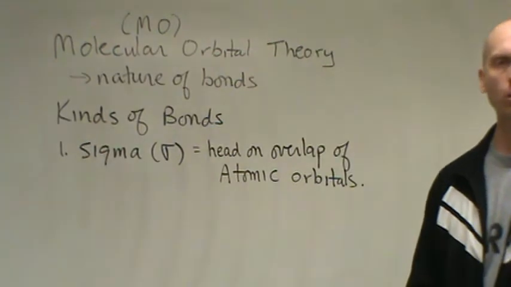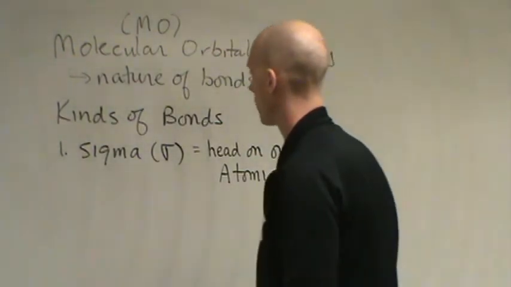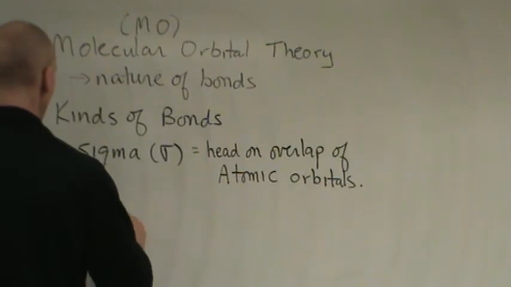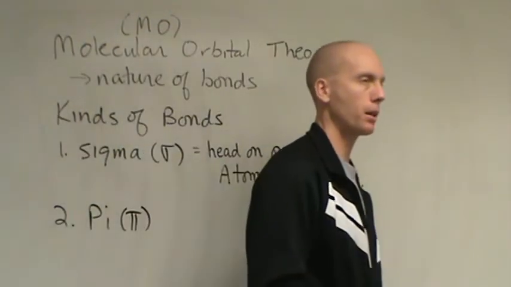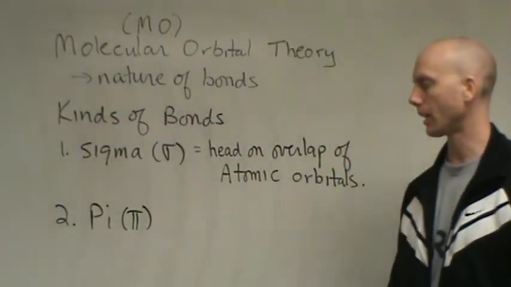The second kind of bond is what's called a pi bond that we'll be talking about a lot.